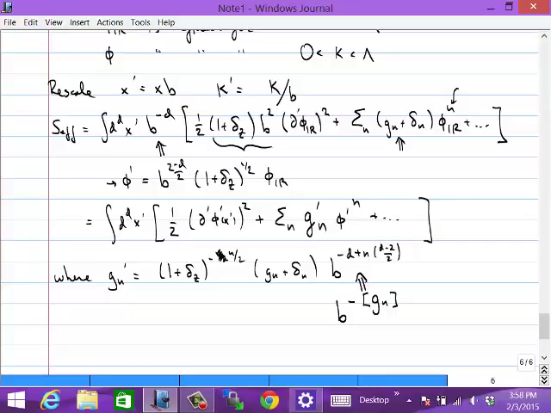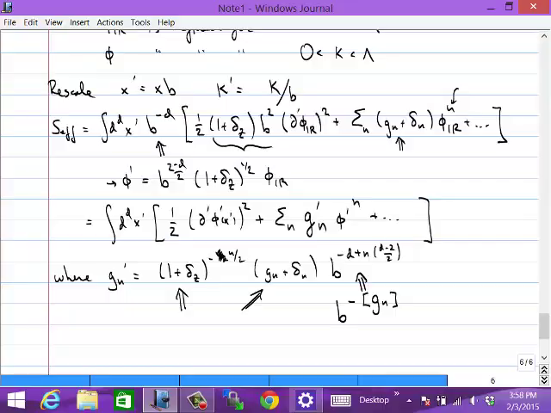And what you see is that the coupling constants change when you do this, and they change in two ways. They pick up these factors here. These are genuine factors that come from integrating out the variables. They're things that we have to compute, and they take a little bit of work. You have to use Feynman diagrams to compute these.